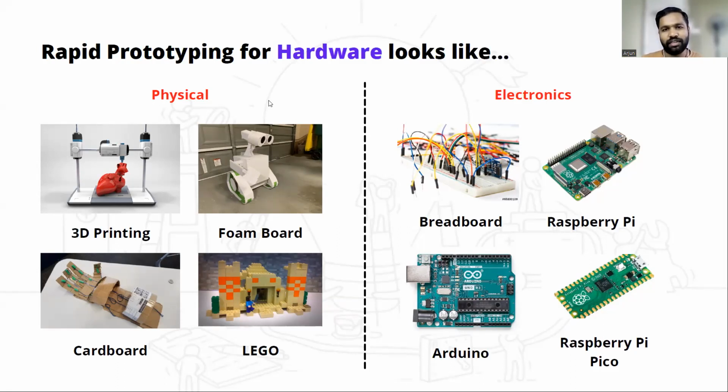And of course, it is the most difficult way to do it, because if some wire comes off, you don't even know which wire came off. But that is the cheapest and most efficient way of doing the prototype. Imagine you want to build a PCB, then it's going to take you a lot of time and money. So breadboarding is a very efficient way to prototype all your electronics.